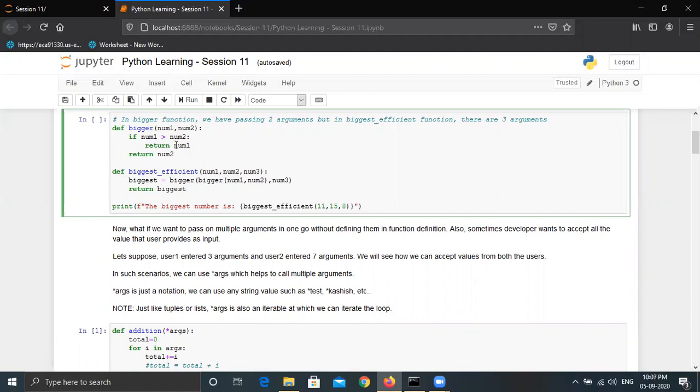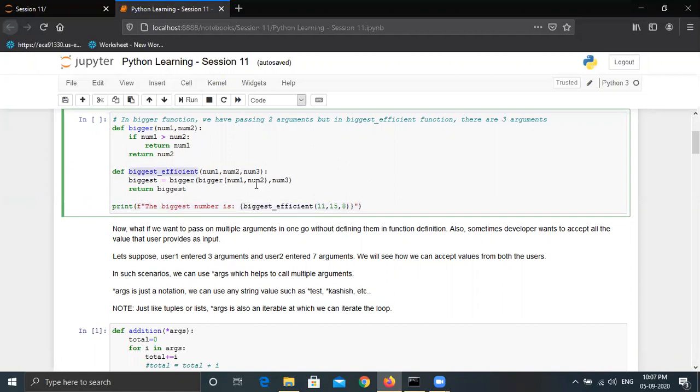Then we wrote one more function taking 3 arguments, and we used our own bigger function as a nested function to create biggest efficient, which returns the biggest value out of these 3 numbers. Finally, we are printing the statement: the biggest number is biggest efficient.